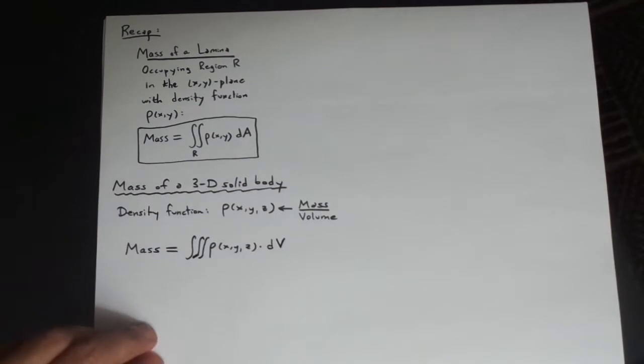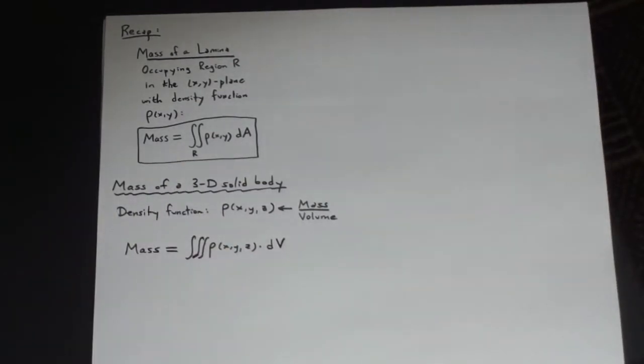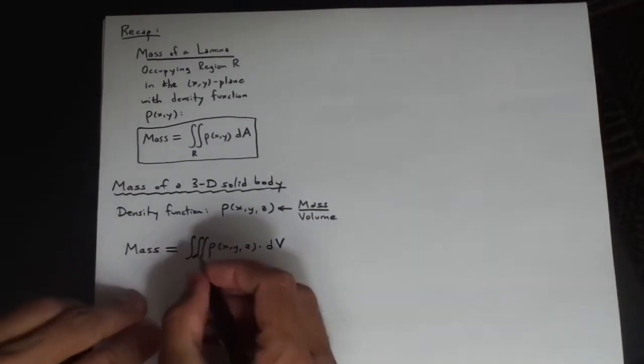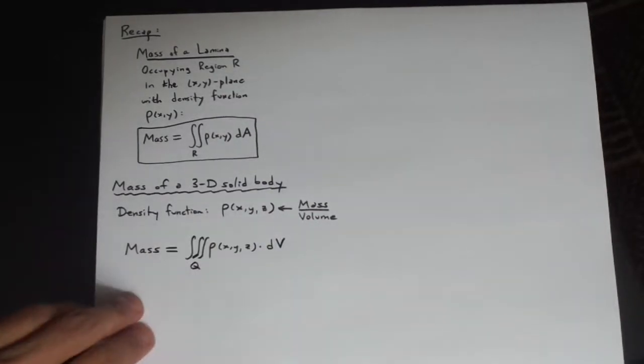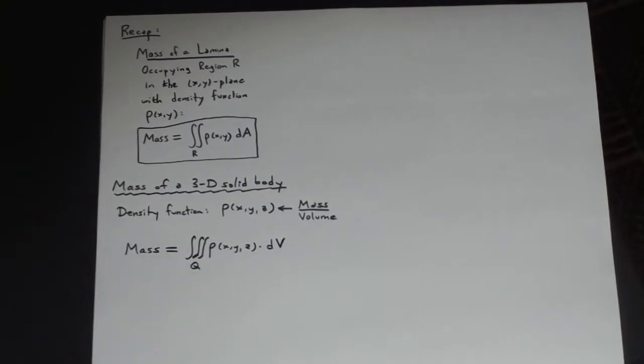So you're going to see three integral signs. And instead of a region R in the xy plane, we're now going to refer to this solid region as Q. This is the notation in our book. Q is going to be the region occupied by this solid body whose mass we are calculating.